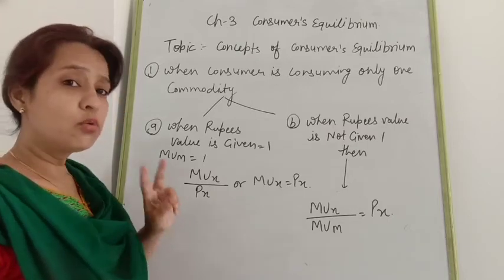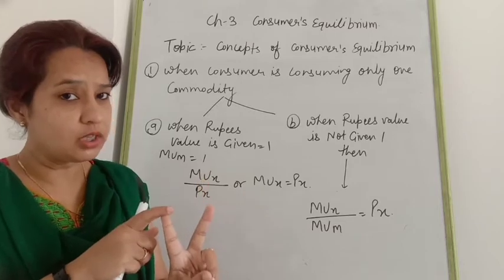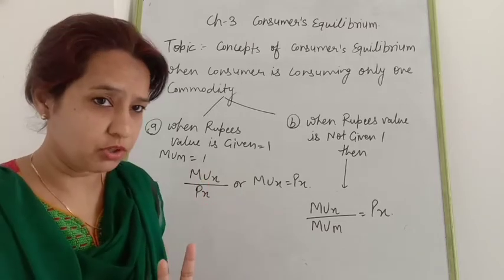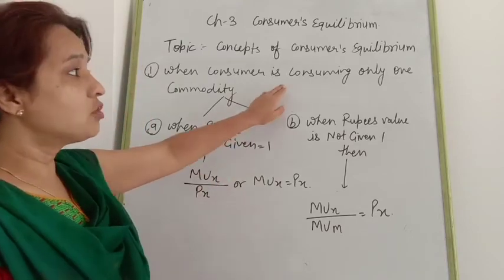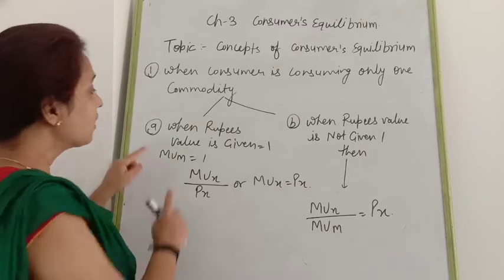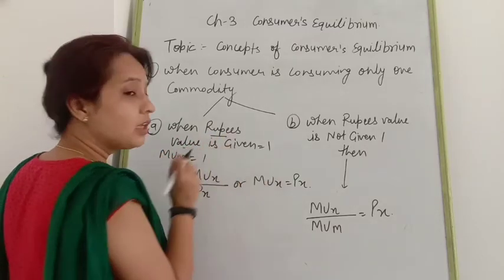Now, there are two conditions: when the consumer is consuming only one commodity and when the consumer is consuming more than one commodity. If the consumer is consuming only one commodity, again two situations arise: when the value of the rupee is given equal to 1.